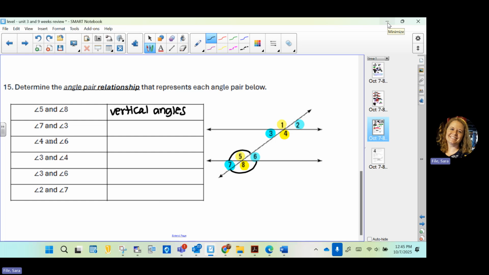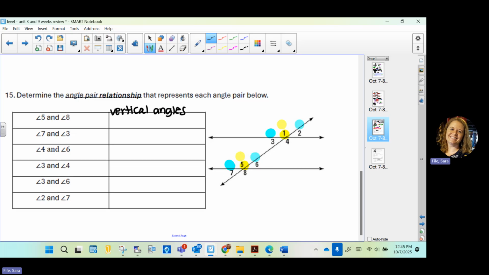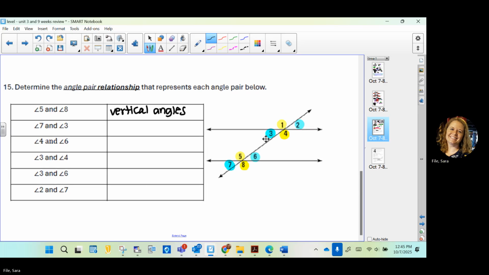Okay, now it wants us to do 7 and 3. I'm trying to get rid of these markings. All right, so I'm going to put a mark on 7 and 3. Here's 3 and here's 7.